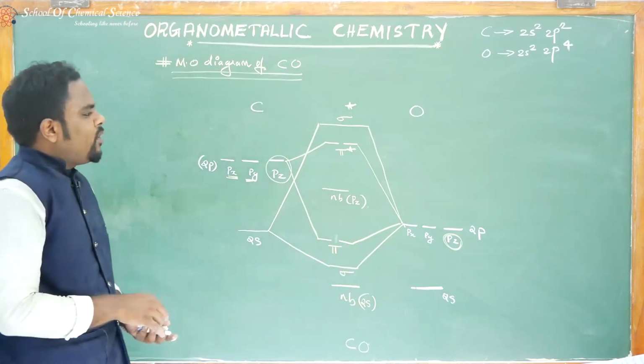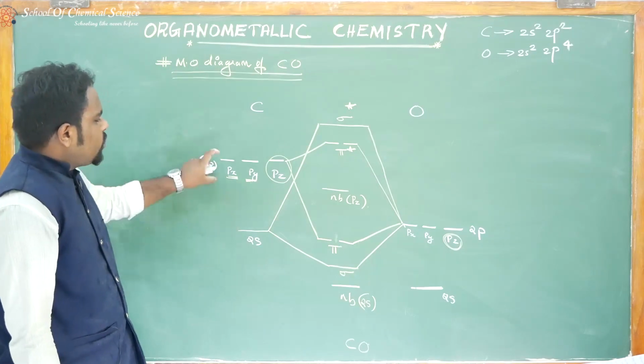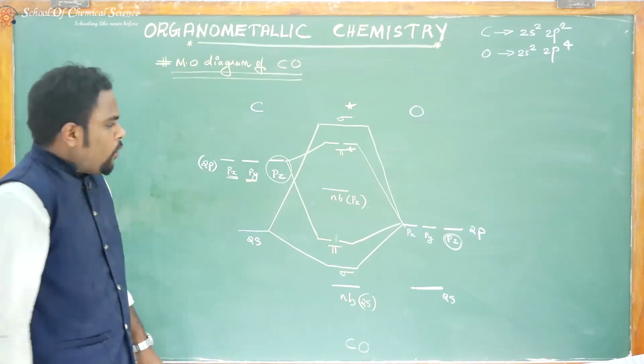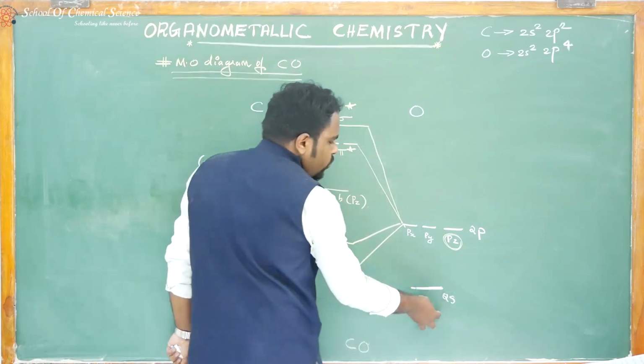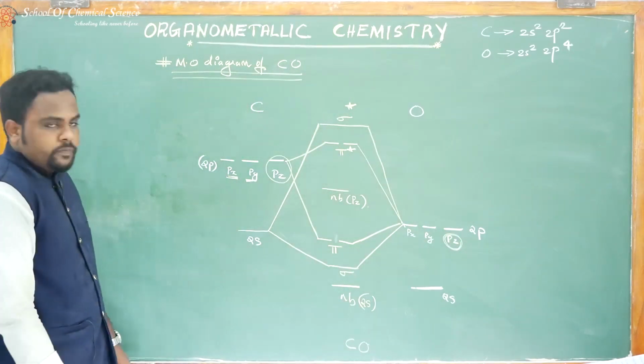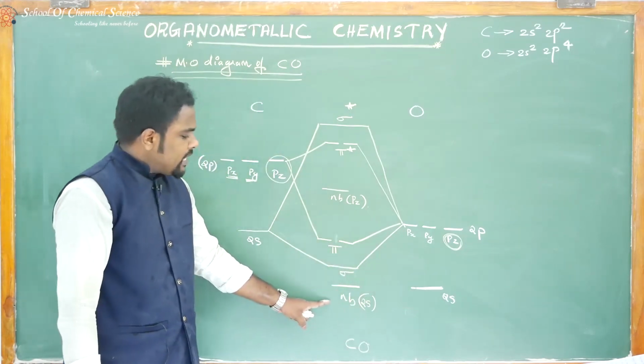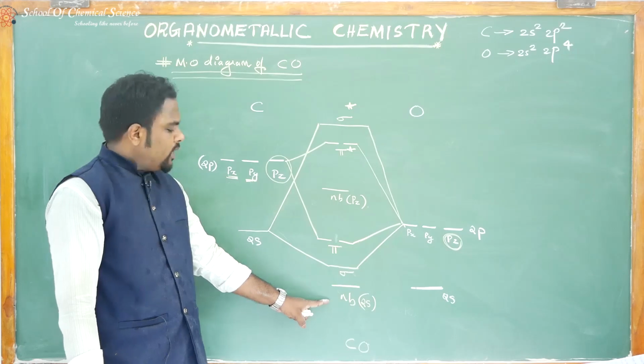So this is the MO diagram of carbon monoxide. Carbon 2s, px, py, pz. Oxygen is somewhat lower in energy: 2s, px, py, pz. The oxygen 2s is very low in energy, so it exists as a non-bonding 2s.